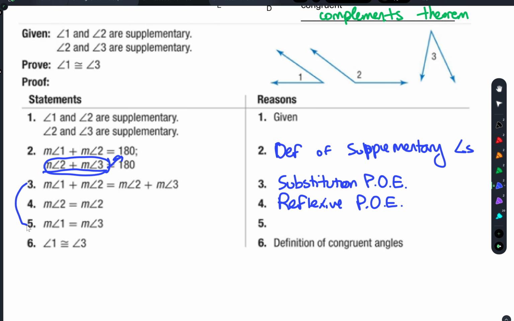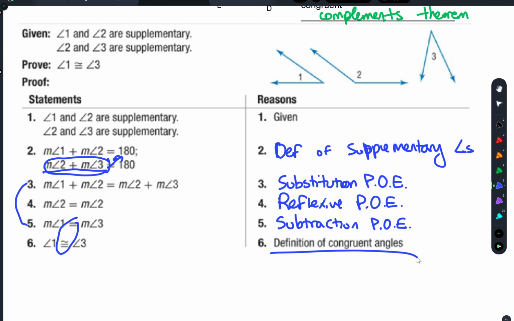This time I did do subtraction. Don't ask me why we did that step in the middle. I'm not entirely sure, to be honest with you, but we did it. We subtracted the measure of angle 2 from both sides to get just the measure of angle 1 equals the measure of angle 3. And then number 6 is a weird step. I'm not expecting you to know this one, but if we have two angles that are equal, we have an extra weird step to say that they're congruent, because equal and congruent don't necessarily mean the same thing. So if you see something that says definition of congruent angles, that's all that means.